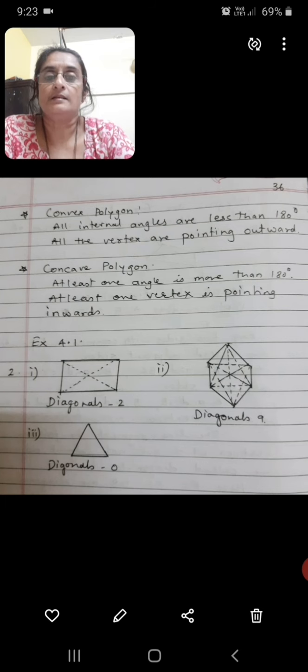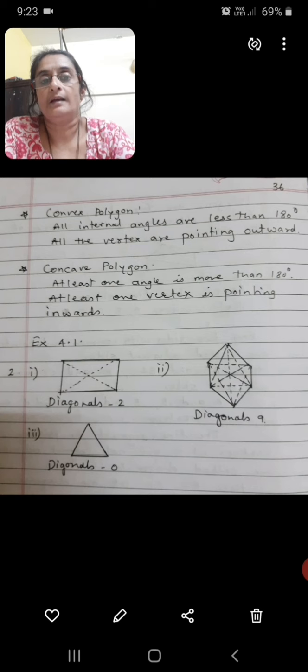In a convex polygon, all the internal angles are less than 180 degrees, and in a concave polygon at least one angle will be more than 180 degrees. In convex all the vertices are pointing outwards, and in a concave polygon at least one vertex will be pointing inwards.